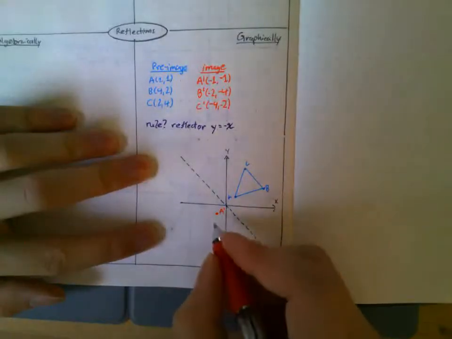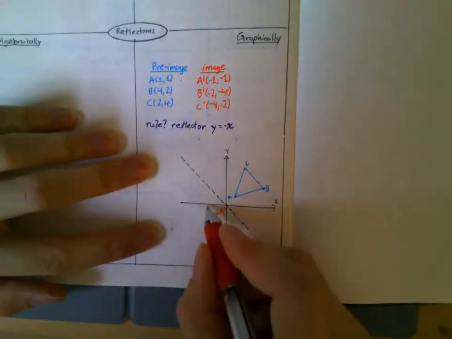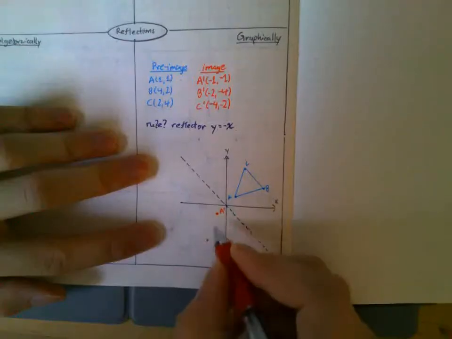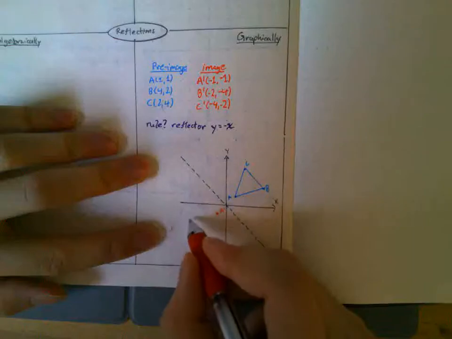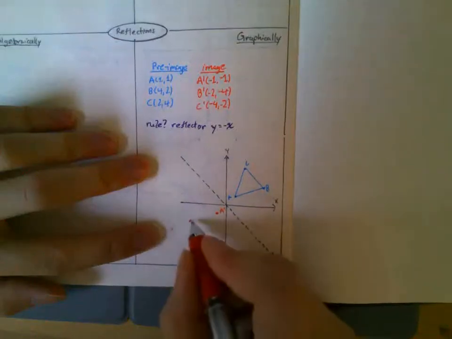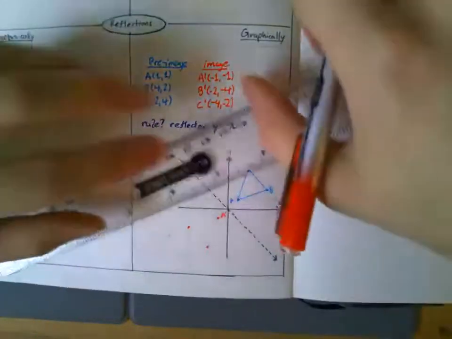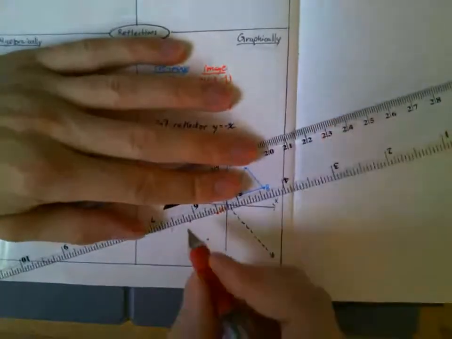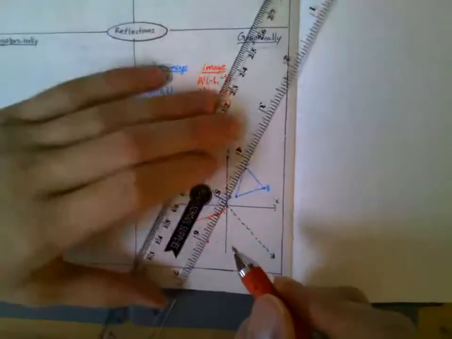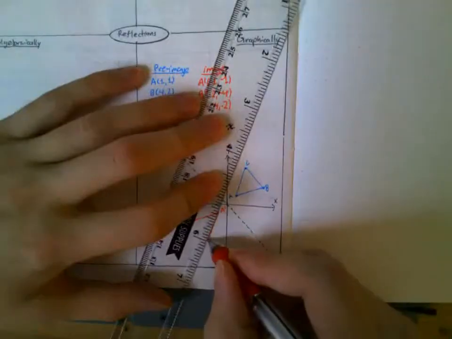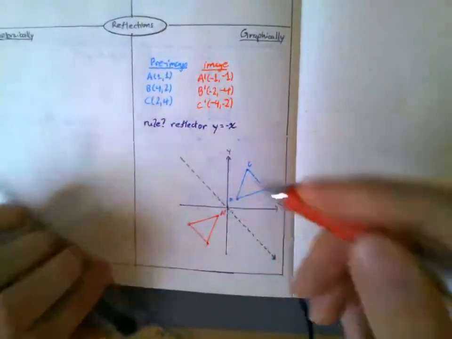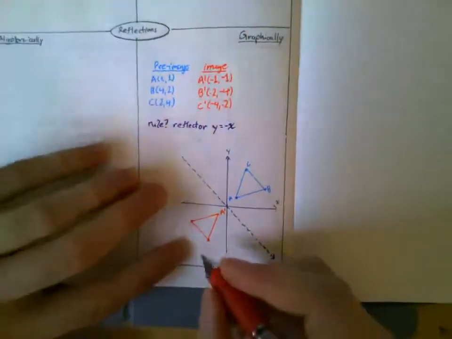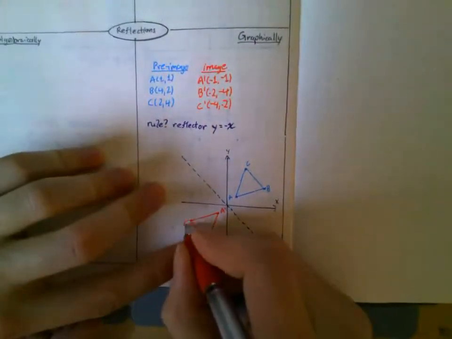We end up at negative 2, 4 for B prime. 1, 2, 1, 2, 3, 4. And C prime, we end up negative 4, 2. 1, 2, 3, 4, down 2. So he's right there. And then, of course, if we connect all our points, we get this awesome triangle as such.